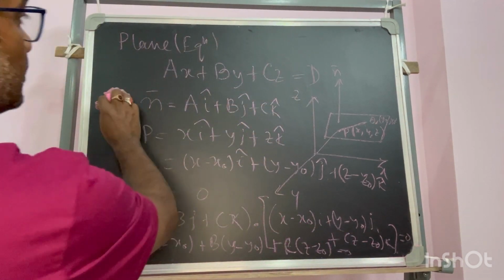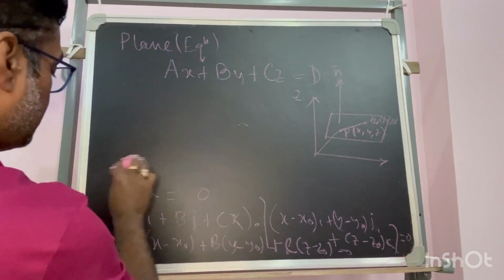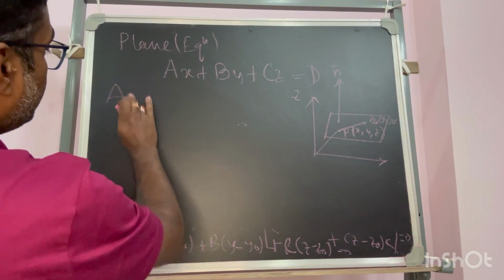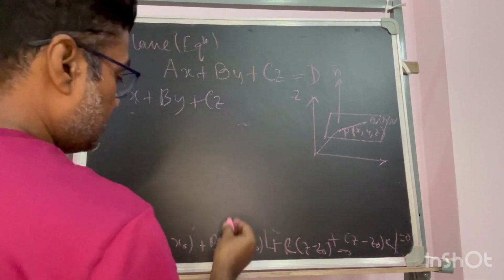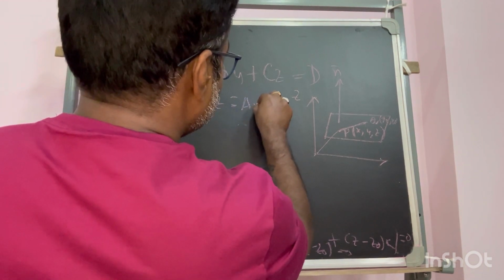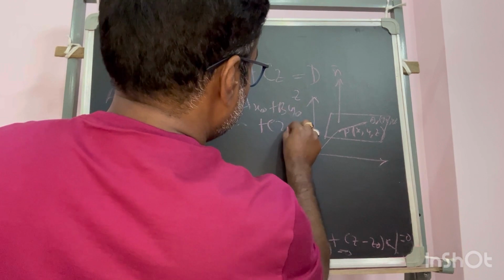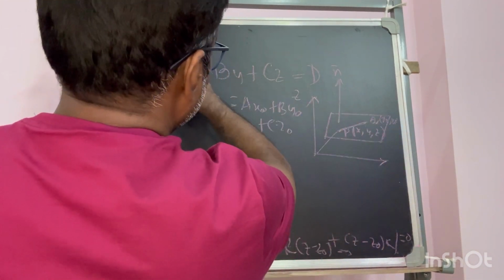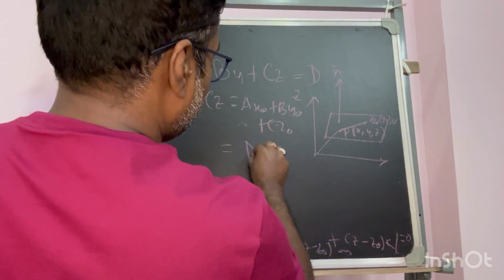Now if I further calculate, this can be turned into ax + by + cz = ax0 + by0 + cz0. Since x0, y0, z0 are on the plane itself, this will be a constant d.